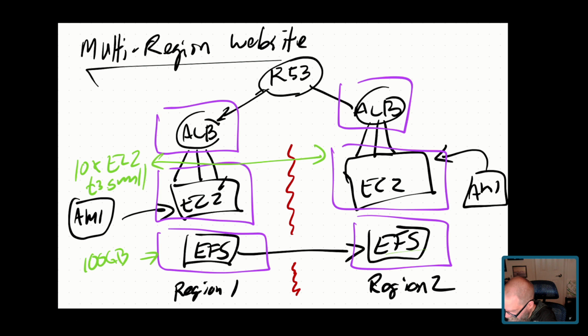So the only way, based on the documentation, that these EC2 instances can mount this EFS file system is if we delete the primary file system, then this becomes read-write, and these guys have a mount target for it. This isn't going to work the way that we thought. We might have to go back to the drawing board on this one. Or I'm missing something here.